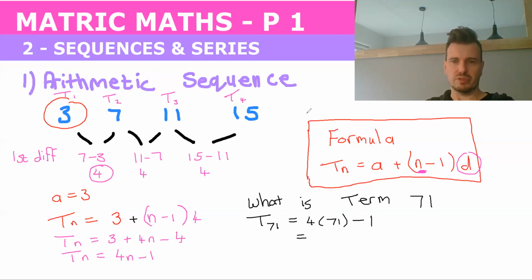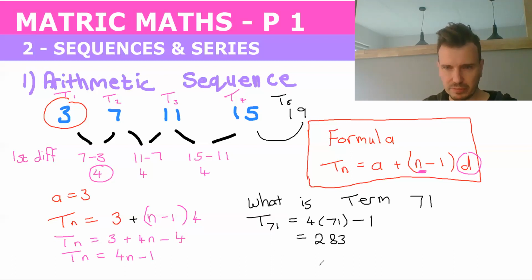Because T5 you can get easily, because you just add 4 onto here and you get 19. But T71, a bit more difficult. So 4 times 71 is 284, minus 1 is 283, and that's your answer.